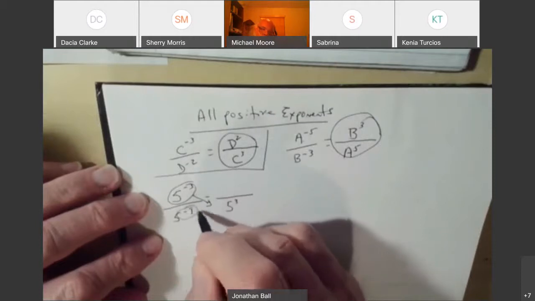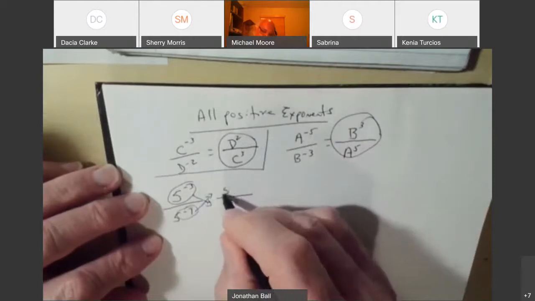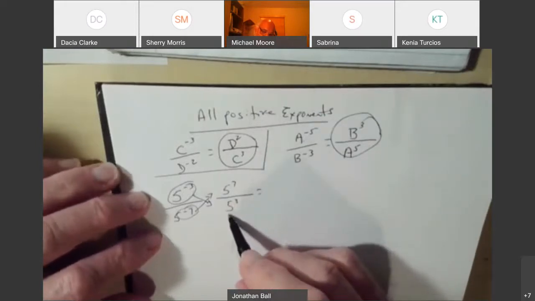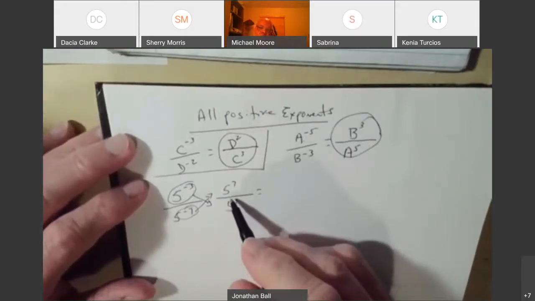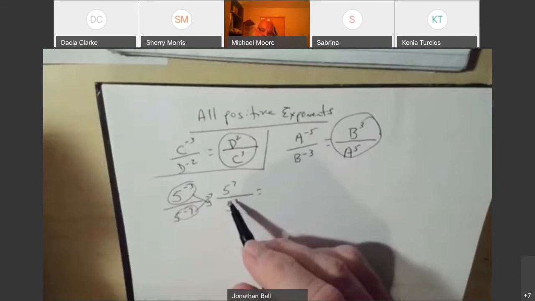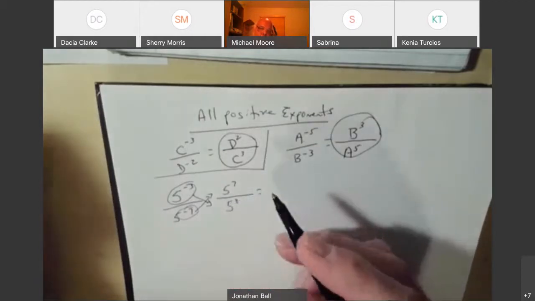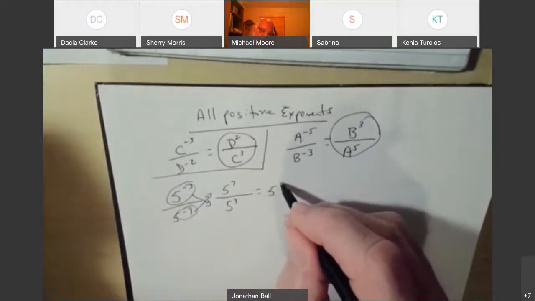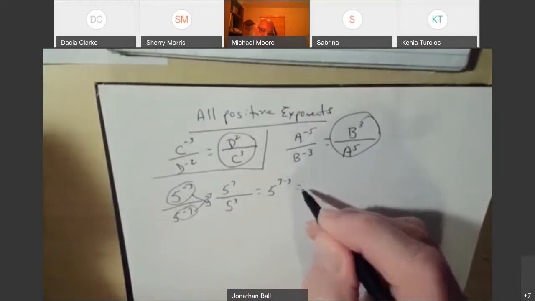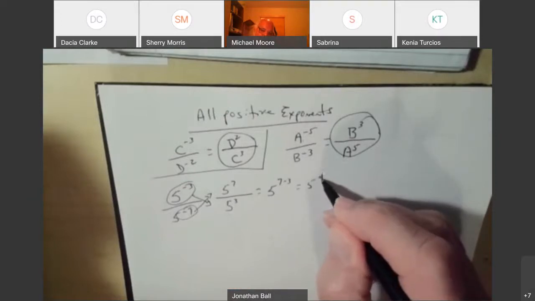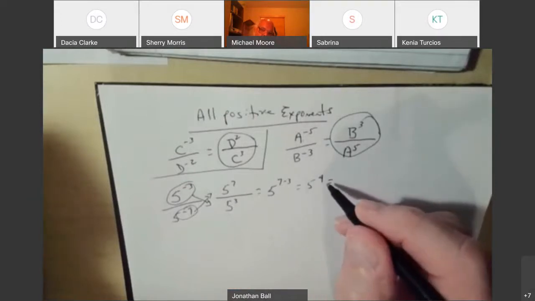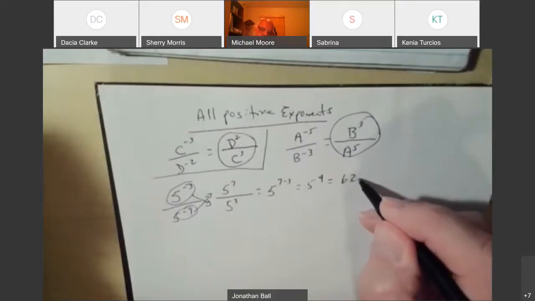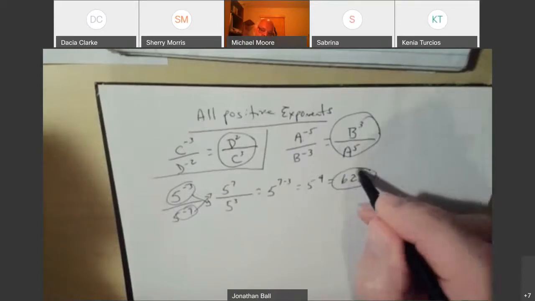This exponent's negative, so we move it to the top. Now we have a common base number, so we subtract the exponents. So this is going to be equal to 5 to the 7 minus 3, 5 to the 4th, which I think is 625.